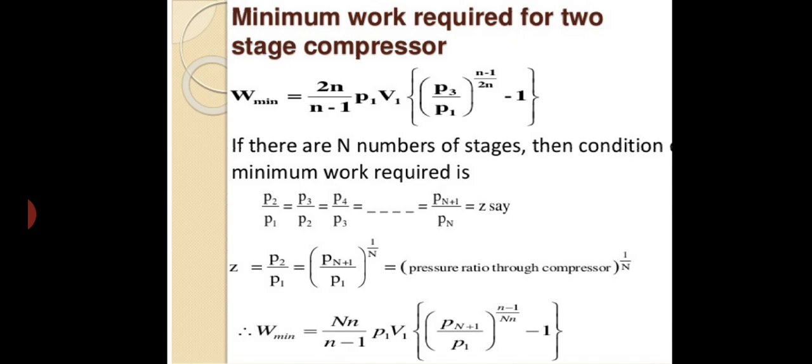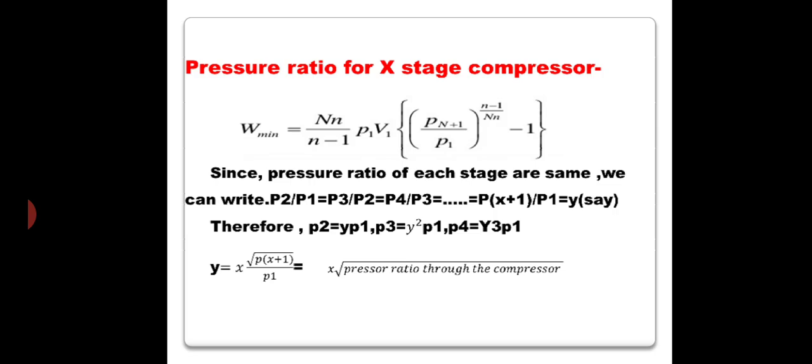So this is the minimum work we find, supposing there are N stages we are using. Now the pressure ratio for a number of stages, say x stages: we know the minimum work we have just derived, in which the pressure ratio of each stage is the same. So we can write P2/P1 = P3/P2 = P4/P3 = P(x+1)/P1, which we call y.